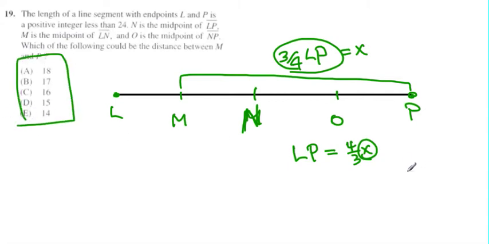Then you will realize that in order for LP to be an integer, x has to be a multiple of 3, such as possibly A or possibly D. What if it is A? Then we will end up getting 18 divided by 3, which is 6, times 4, 24. So LP would have been 24, but LP has to be less than 24. So therefore, our answer has to be choice D, 15.